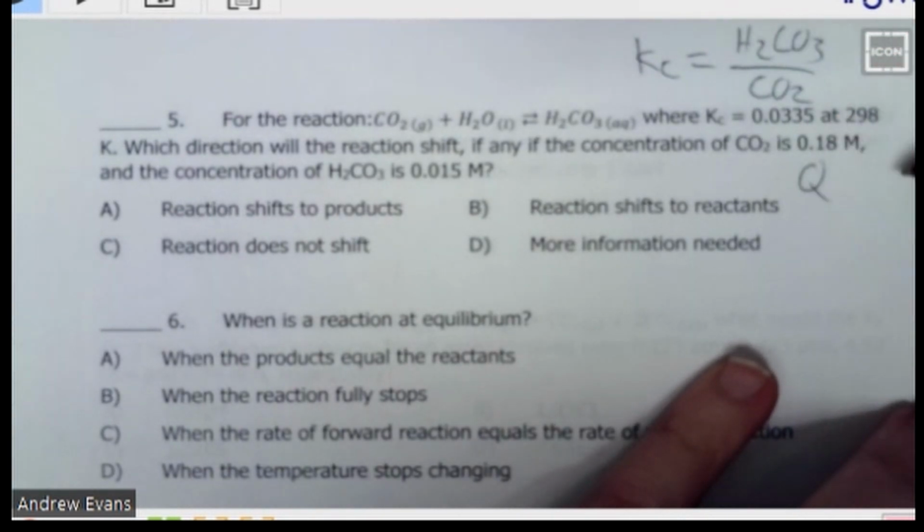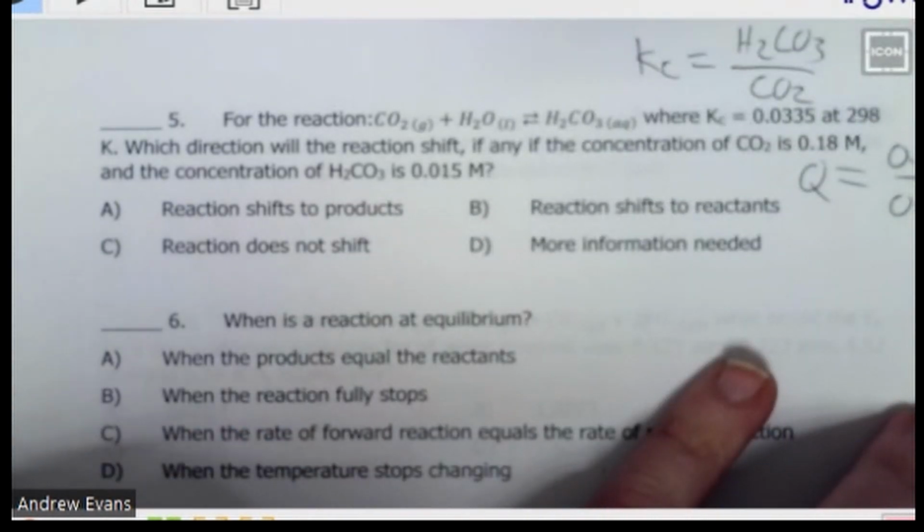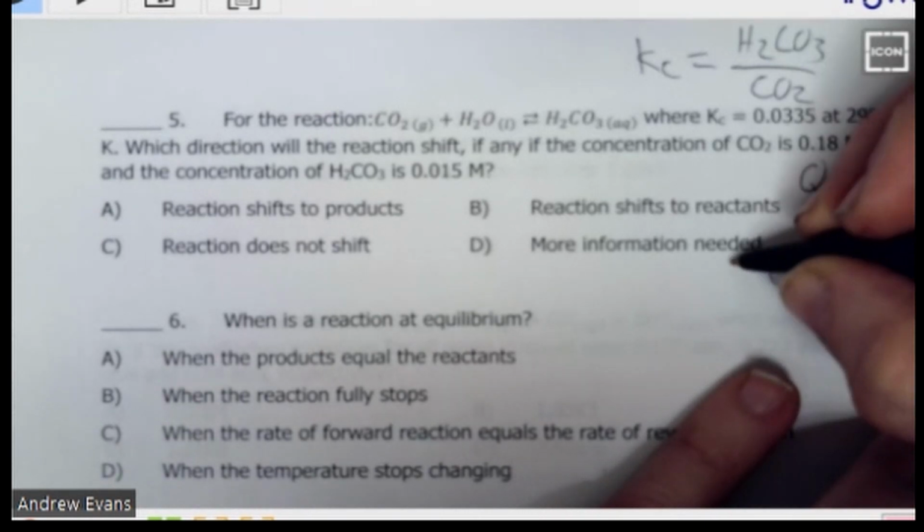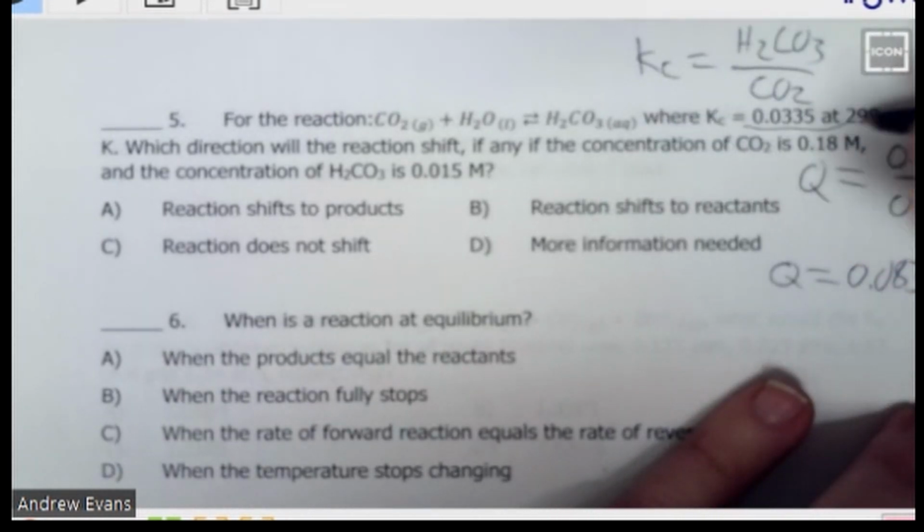So Q is equal to 0.015 over 0.18. 0.015 divided by 0.18 is equal to Q is 0.0833. K is 0.35.